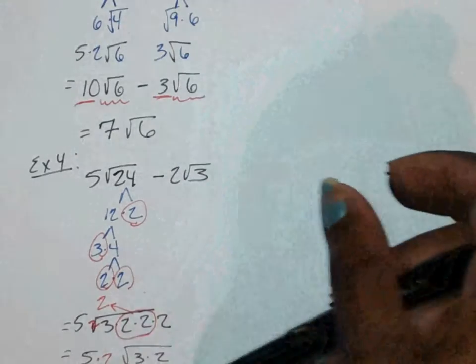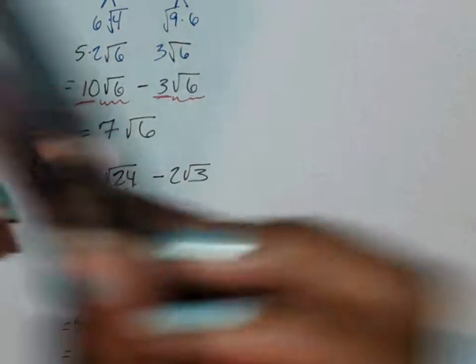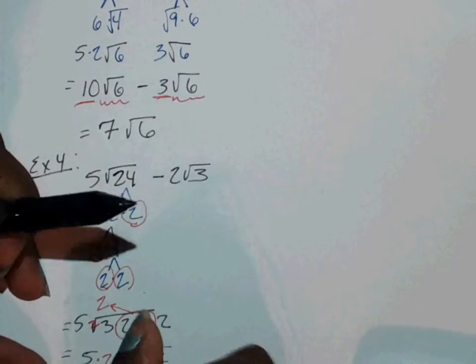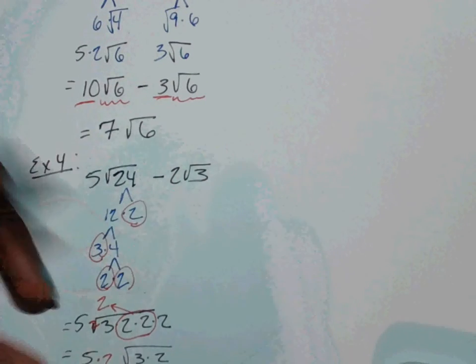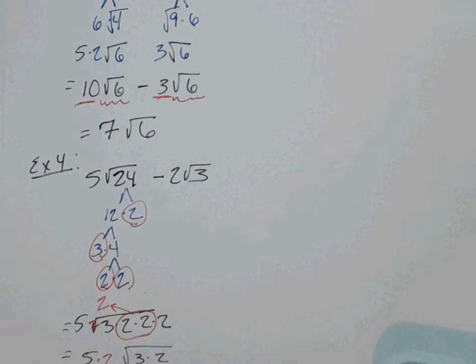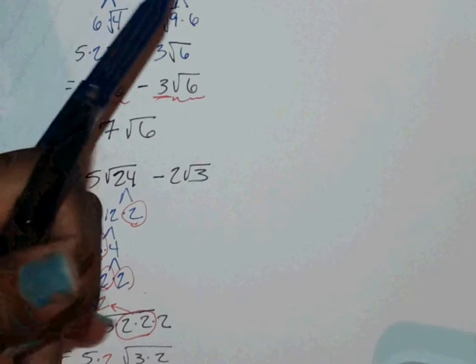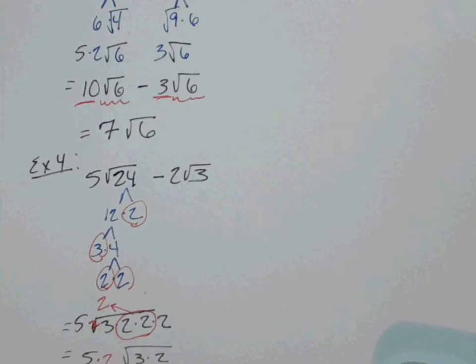Can I combine them? Are the radicals the same? No, they're not. Since they're not the same, that's my answer. 10 square root of 6 minus 2 square root of 3. It is simplified. Alright. Next example.